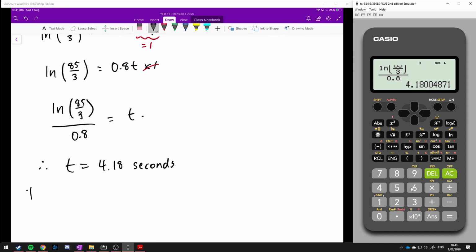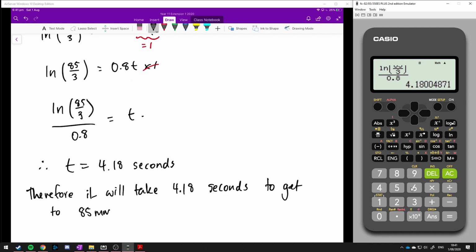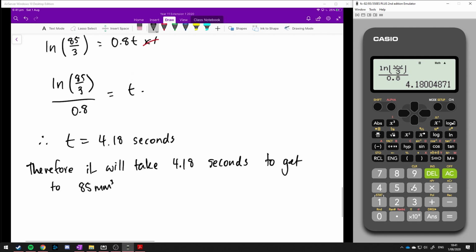So therefore, it will take 4.18 seconds to get to 85 millimeters cubed. For the volume to get there, that should say. Okay, so that's part E.